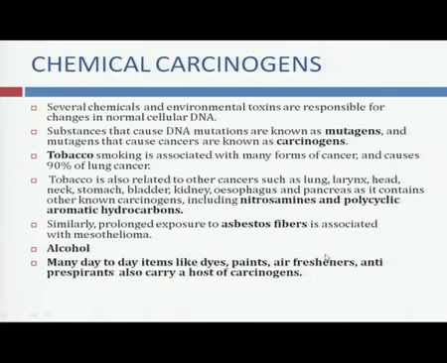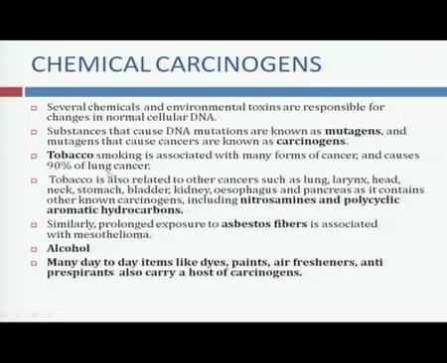Talking about chemical carcinogens, there are several chemicals and environmental toxins which are responsible for changes in normal cellular DNA. Such substances are known as mutagens, and if these mutations are cancerous, then these chemicals will be known as carcinogens. Some of the commonest carcinogens are tobacco, alcohol, asbestos fibers.